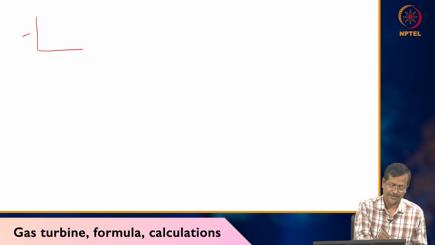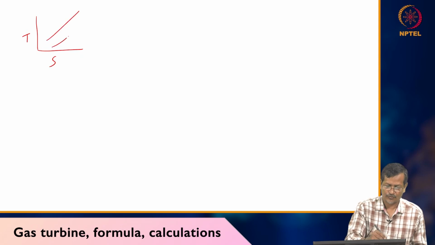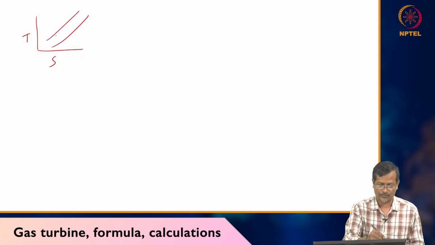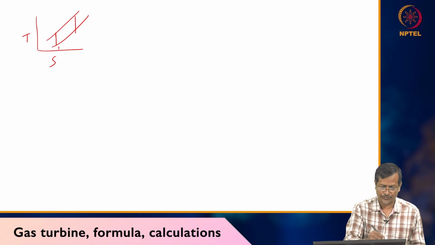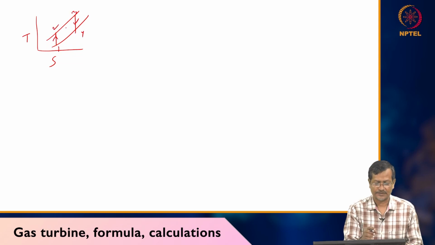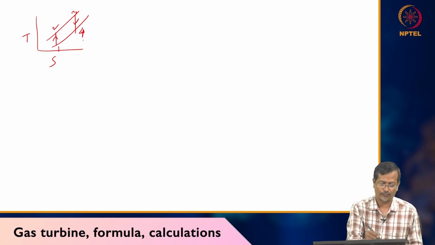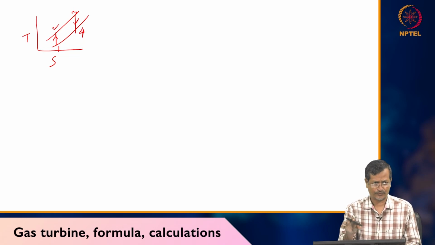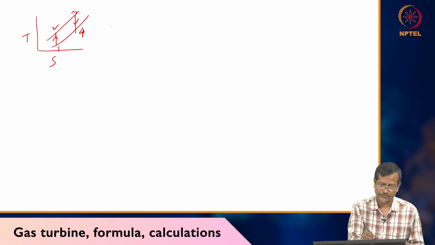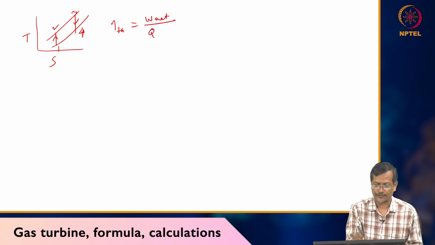Now we have to calculate the thermal efficiency of Brayton cycle. First you draw the TS diagram, two constant pressure lines first, then 1 to 2, 2 3 4. Whatever number notation you follow, based on that you have to derive your formula. Thermal efficiency eta equals net power output over heat input.